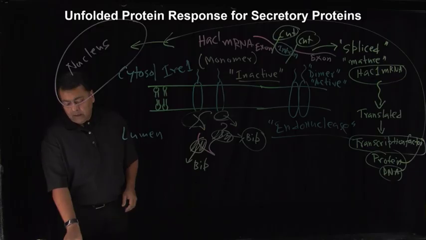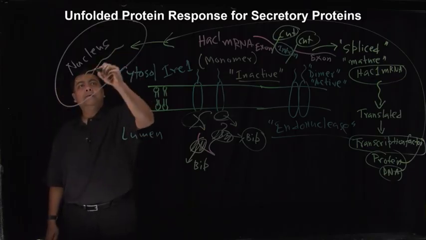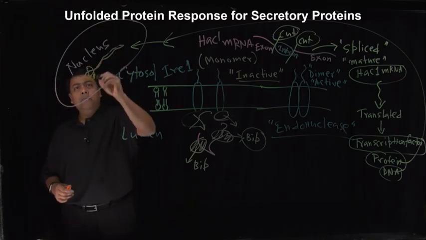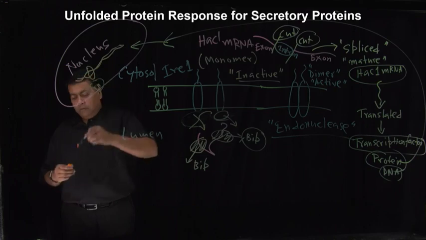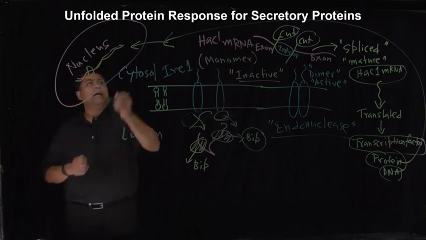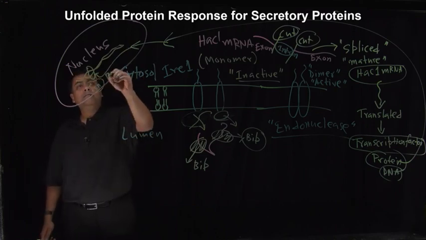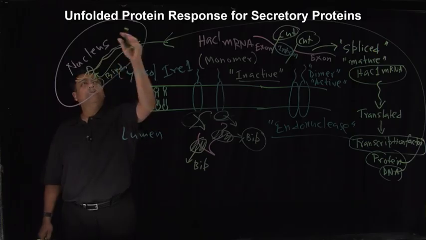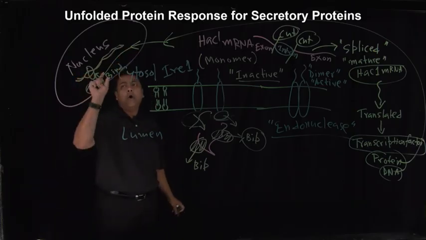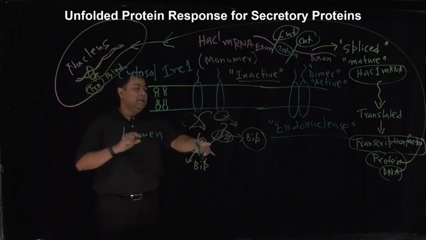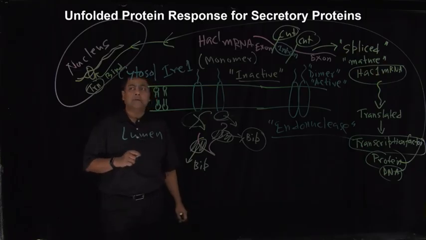Now what you have here is the DNA. It will bind to the transcriptional promoter region. It will bind right here, and it will turn on some of the genes needed for the unfolded protein response.